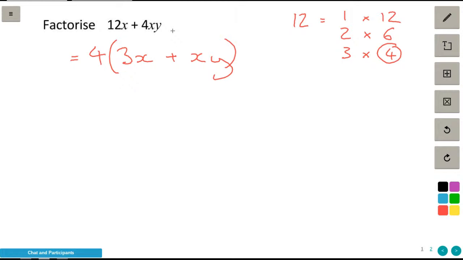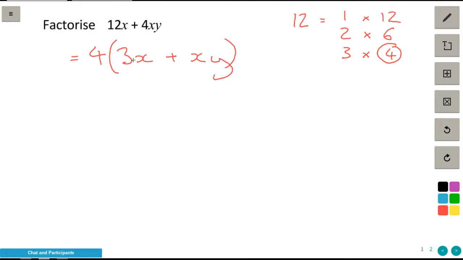So this is effectively the entire process for factorization, looking to find a way of writing that expression in some different form. So you've got something multiplied by something else to give you the original form. But we can go further than just looking at the numbers, and we can actually work with the variables as being common factors as well. So if we look in this term, we've got an x as part of the variable, and in this term there's also an x.